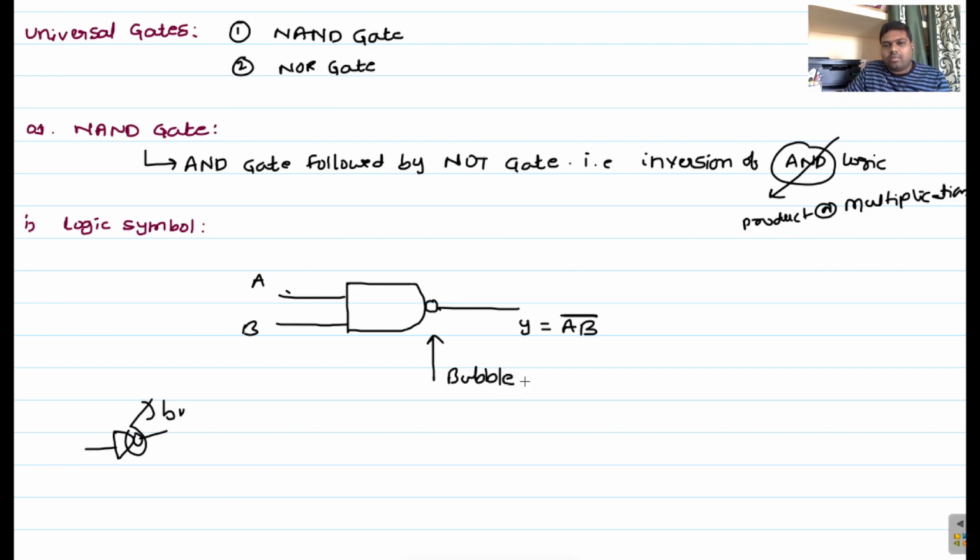So here the bubble indicates inversion process. Okay, so this is about NAND logic.